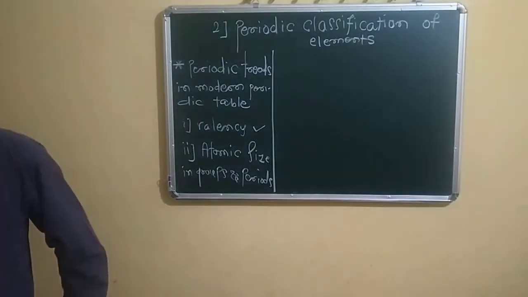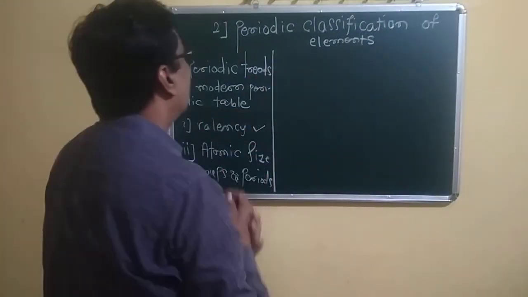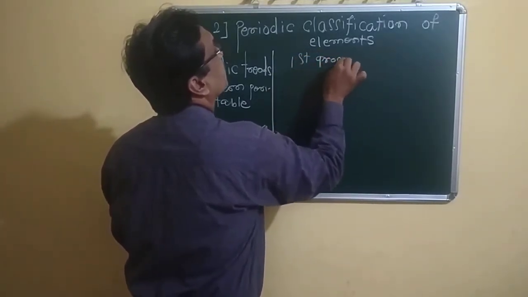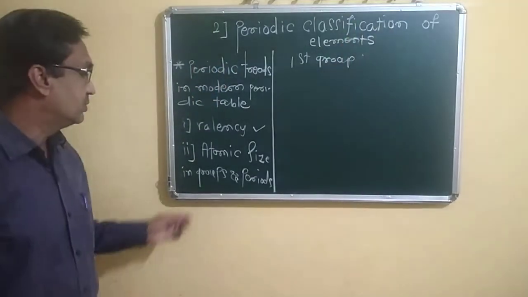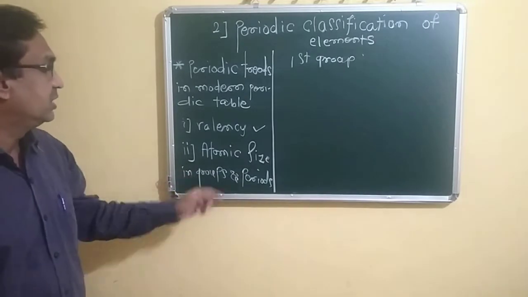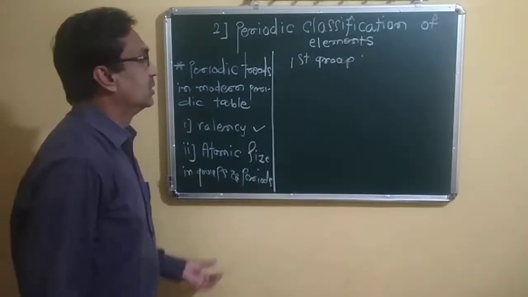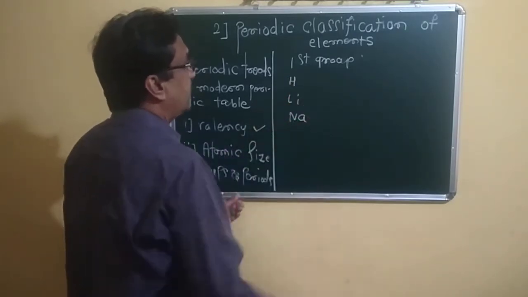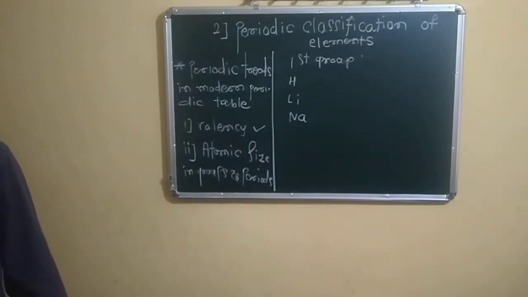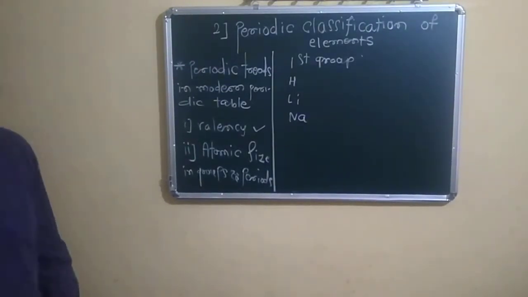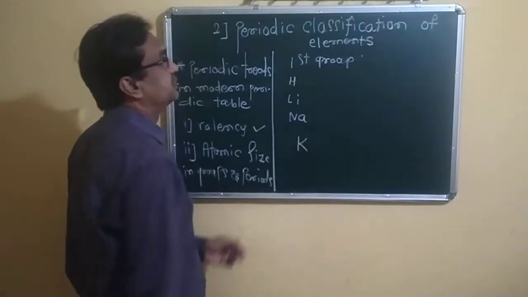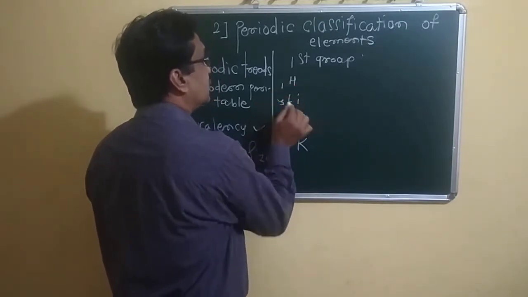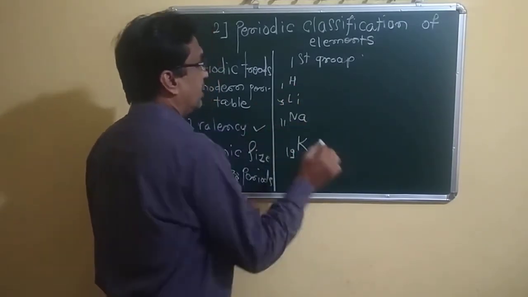We have taken the first group: hydrogen, lithium, sodium, potassium. The atomic number of hydrogen is 1, lithium is 3, sodium is 11 and potassium is 19.